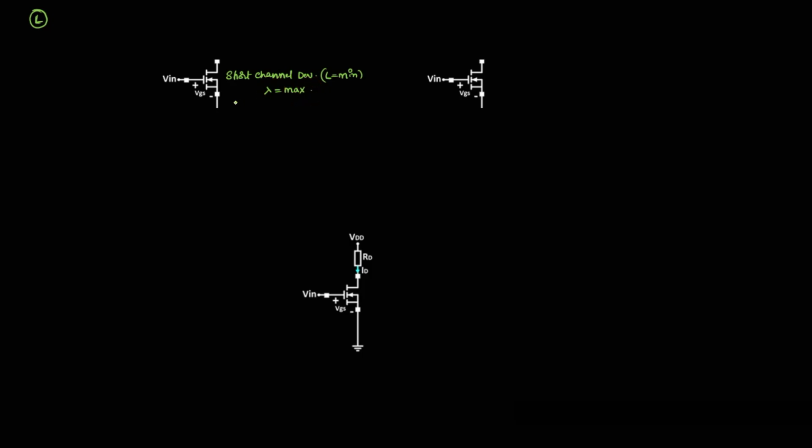Then what happens? As we know, the current equation is 1 by 2 mu Cox W by L times (VGS minus VTH) squared. So this is the actual current which is flowing across the drain terminal, the current flowing into the drain terminal of that much.